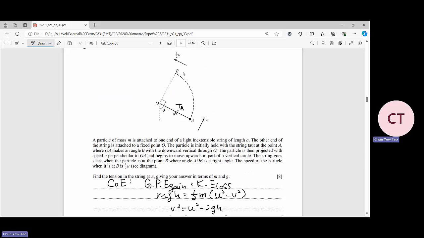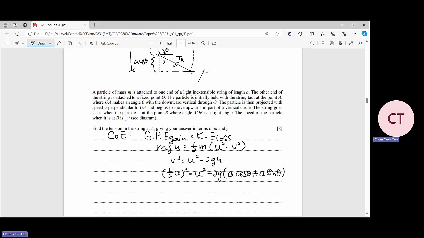Okay, because your h, the whole thing here, is your h. So this part is actually A cos theta. This part is actually A sin theta. Why? Because this one is theta, that means this one is theta. So that is the reason why you get h as A cos theta plus A sin theta. Okay, so now we simplify it.